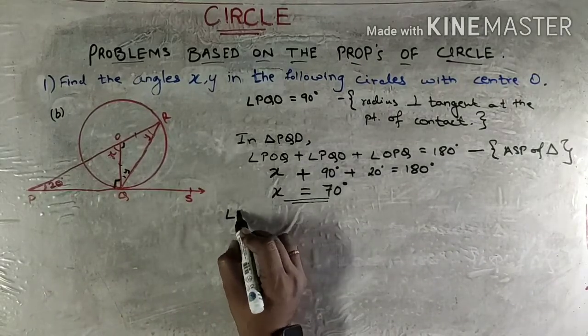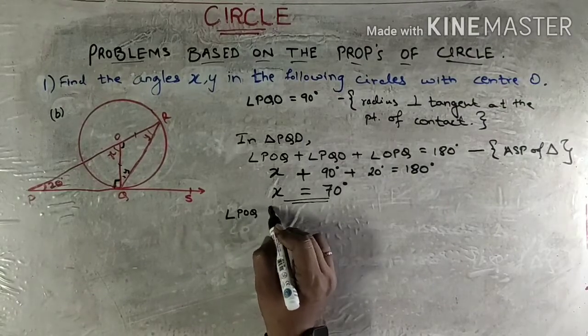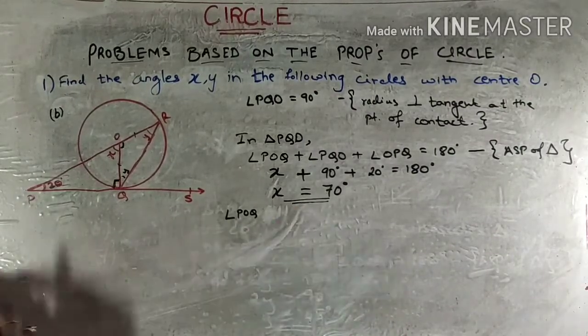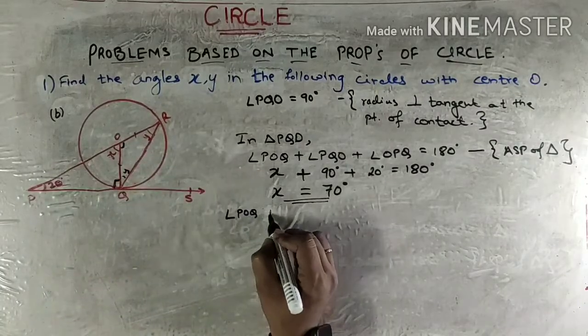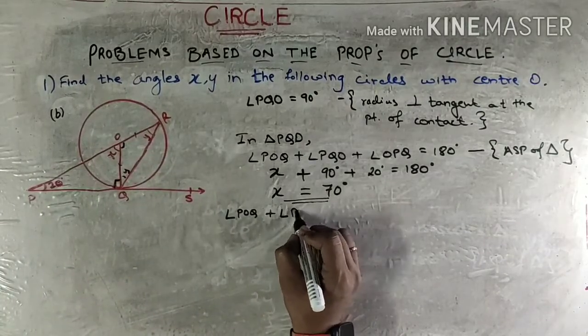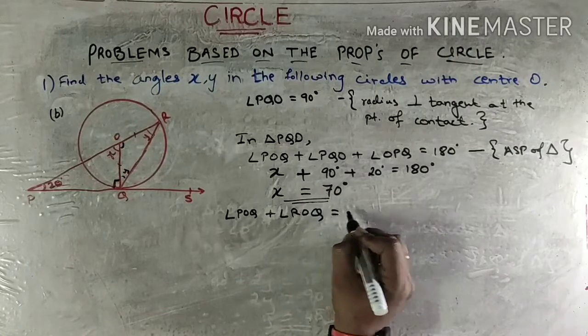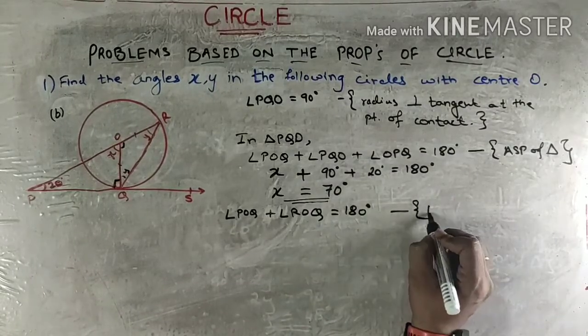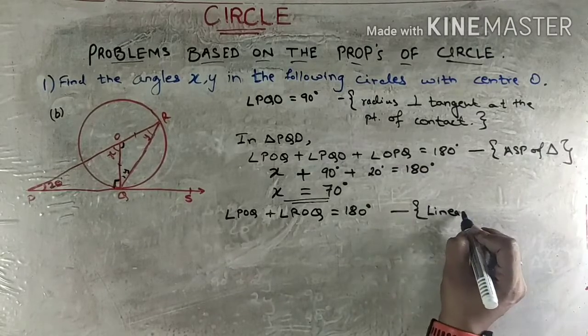Angle POQ, and I'll write directly the equation. Angle POQ plus angle ROQ is equal to 180 degrees, linear pair of angles.